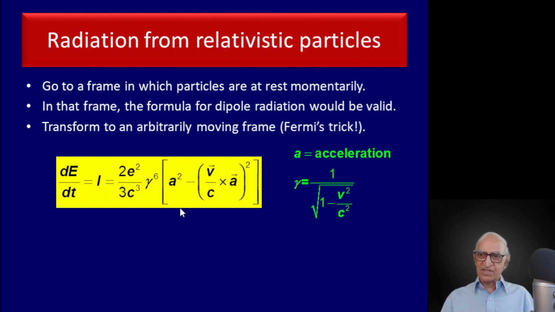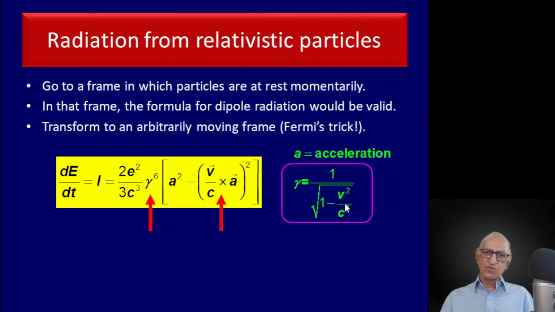Now, what is a? a is still the acceleration. First of all, you notice that there is a second term. But more importantly, you notice that there is a gamma to the power 6. What is gamma? Gamma is a factor that comes in special relativity all the time, which we saw, is 1 over square root of 1 minus v squared by c squared.